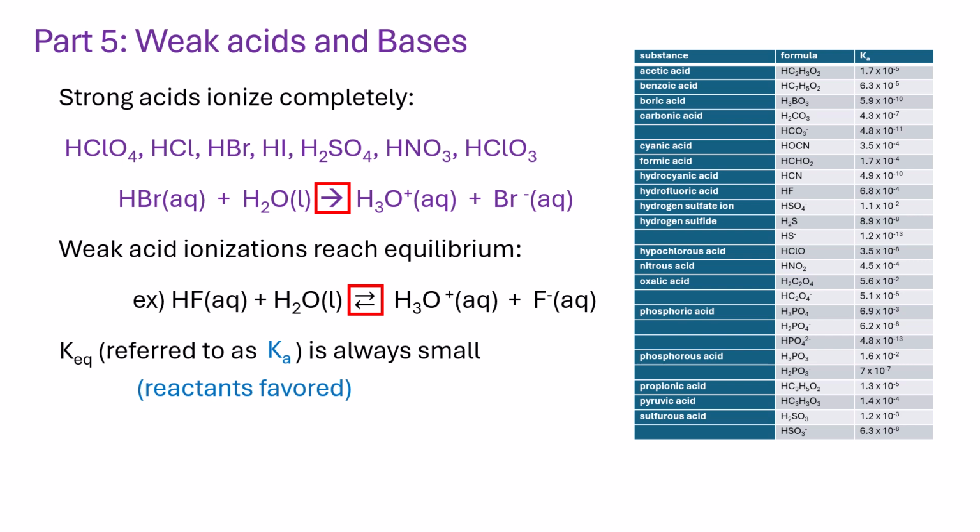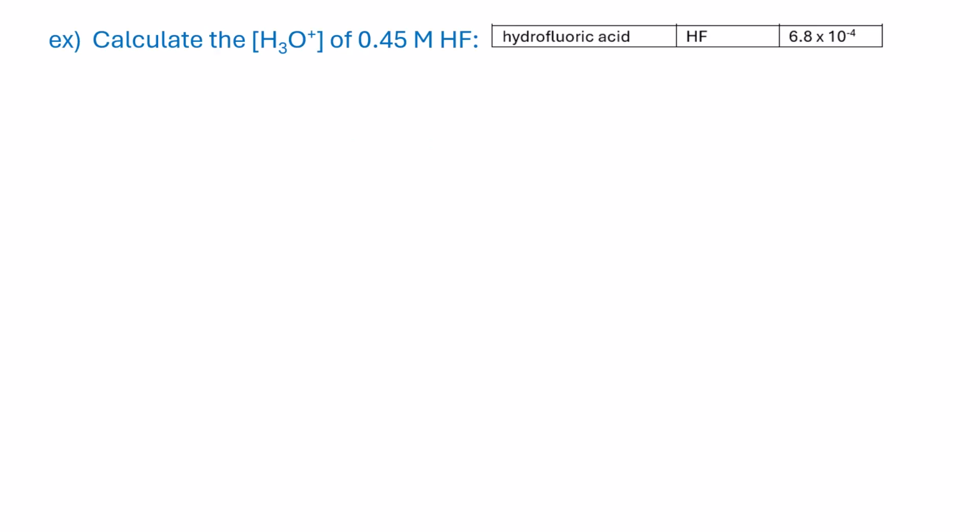They're all like 1.7 times 10 to the negative 5. We even have like a 10 to the minus 10, 10 to the minus 13. They're all pretty small. So very few of our original acid ions like HF are going to turn into hydronium and fluoride.